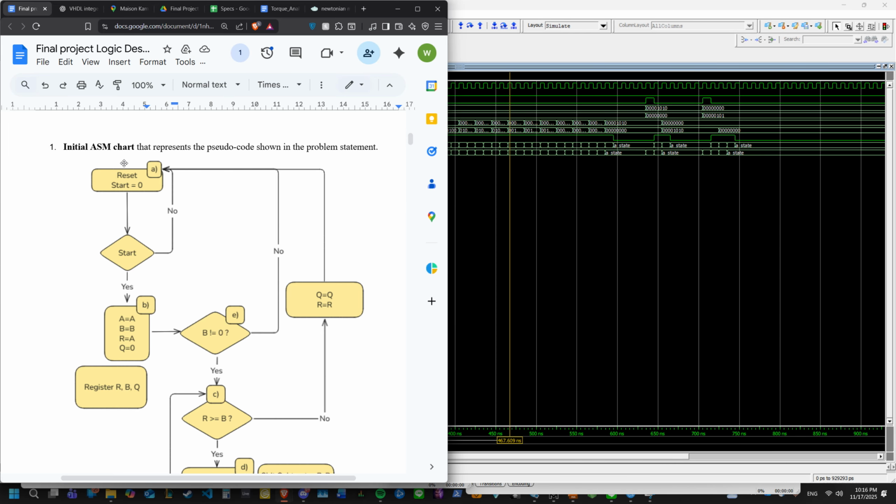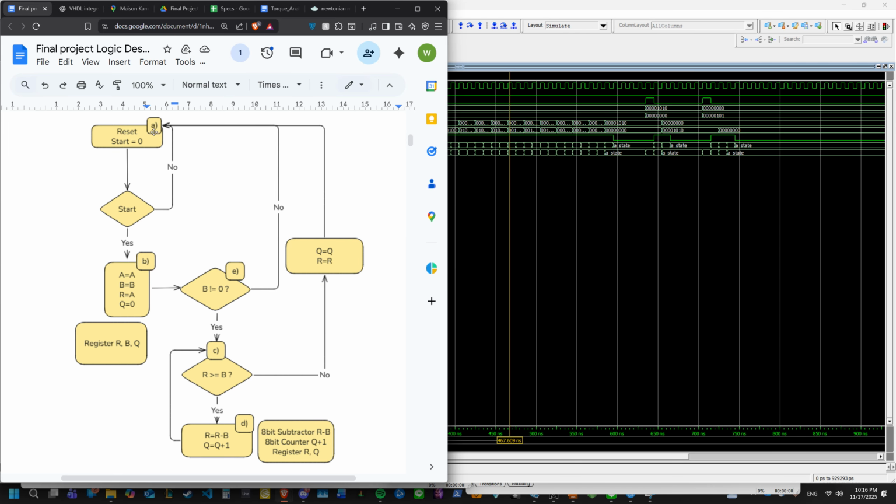This is our ASM chart, which has five states. A is the reset stage, the initial stage, and then B is the initialization stage, and then E is the divide by zero condition, which then leads to C, which is the comparison.